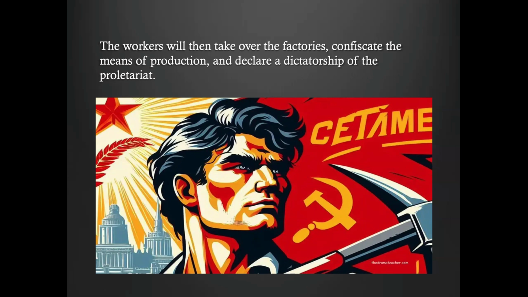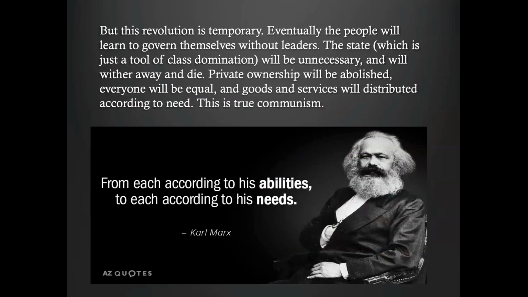So we overthrow our overlords, our capitalistic overlords. The bourgeoisie is overthrown. And we have a dictatorship of the proletariat as the proletariat seizes the means of production. But this is temporary. Okay, very important to understand this for Marx.